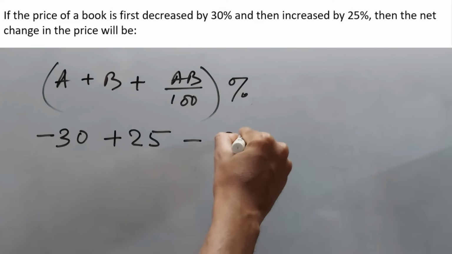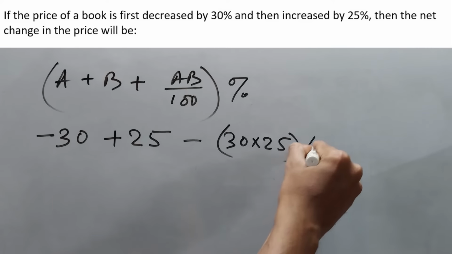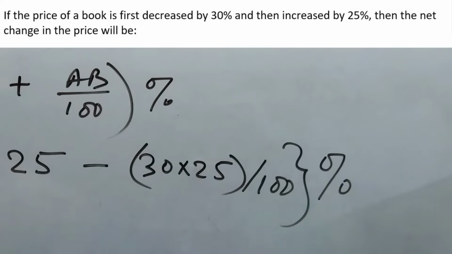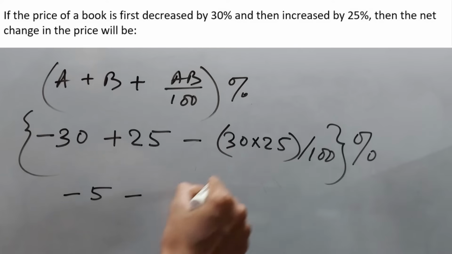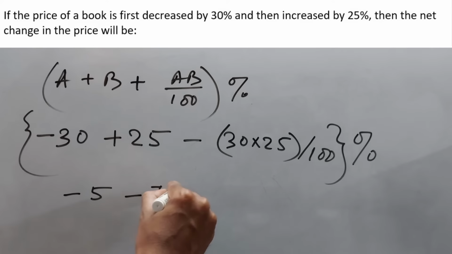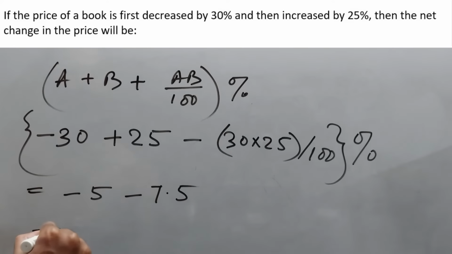So 30 into 25 by 100 percentage, right? This is minus 5, and this is 15 by 2, that is minus 7.5. So this is minus 12.5. This is your final answer. You like it? Yes, definitely.